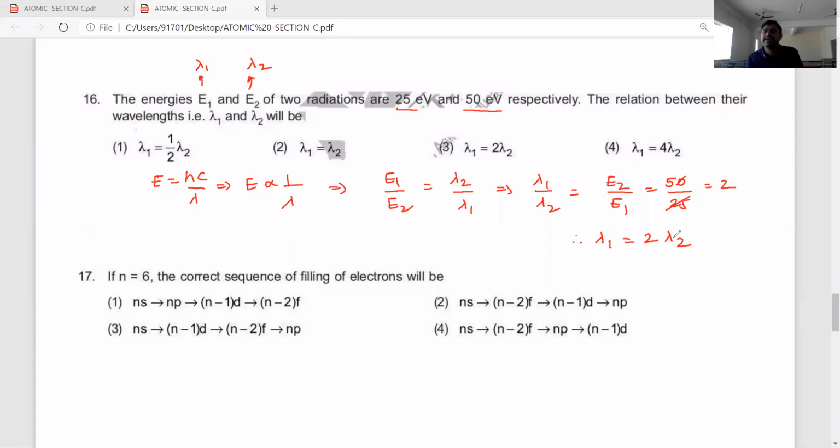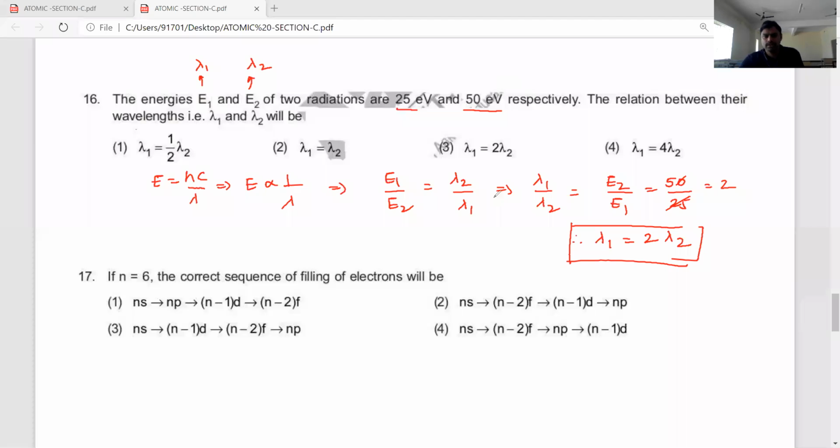Energy is 2 times less for the first one, so its wavelength is 2 times more. Clear? Anybody have doubt? Let me know immediately.